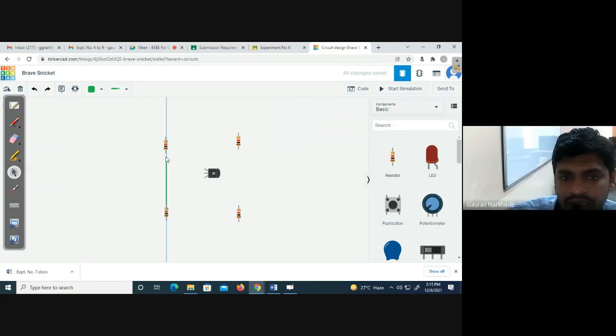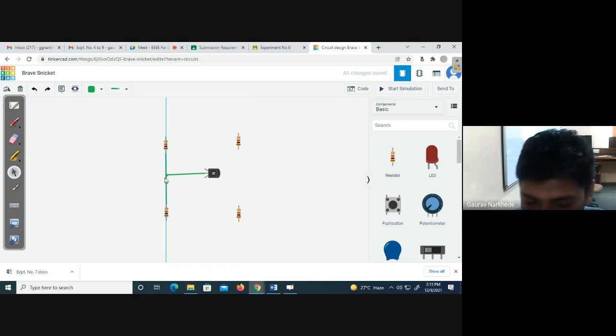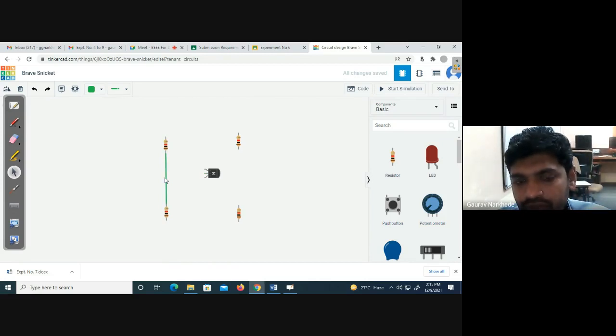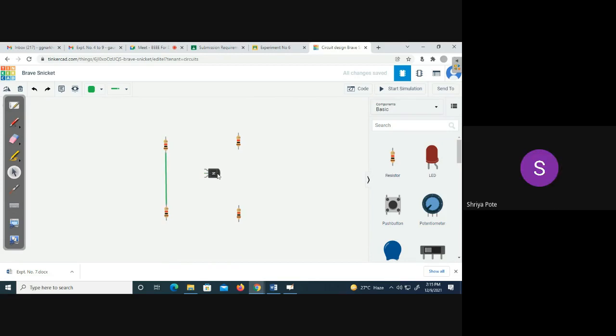This is connected here, and from here one terminal is connected here. I am not able to connect a terminal here, right? I may need a breadboard. So let me have a breadboard.